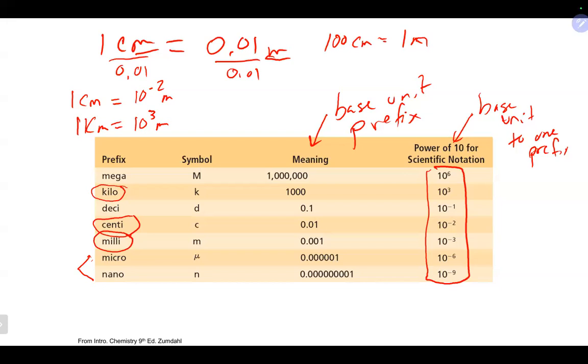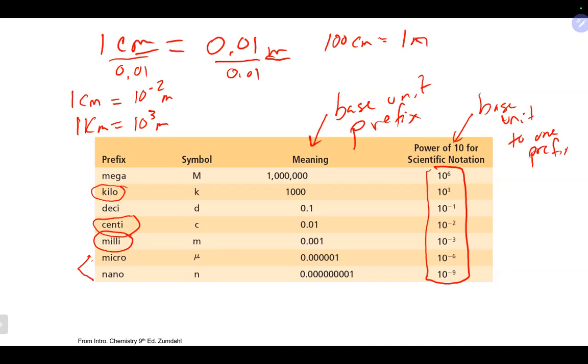So what you see there is how much there is of the base unit to 1 of the prefix unit. By the way, 10 to the 3 or 10 to the minus 2 is 1 times 10 to the minus 2 in scientific notation. We'll talk about that in a bit as well, how to punch that in, or 1 times 10 to the 3. So you definitely can use those, and we can use them as conversion factors. But again, it's a very, very common mistake that people make.